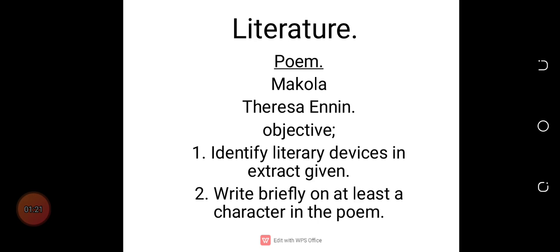So for our poem today, we will be looking at what exactly this market in particular has, what the characters involved, the roles they played, and try to compare that to the normal activities in the market if you have ever been to the market.